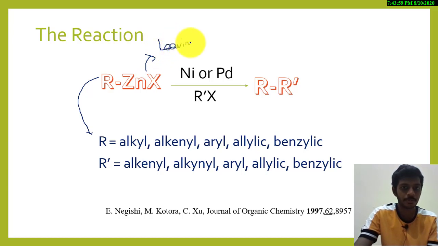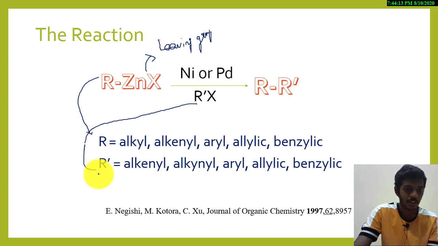In the presence of palladium or nickel, R dash X is added. Here R dash is alkenyl, alkynyl, aryl, allylic or benzylic. Alkyl will not be present in the R dash.